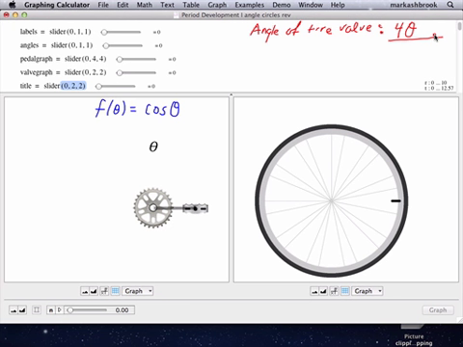Okay, so now we want to write in E a function g that gives horizontal distance above to the right of the vertical diameter and radius lengths of the tire valve as a function of theta. So theta is going to be the input, but we want the output to be horizontal distance of the tire valve.